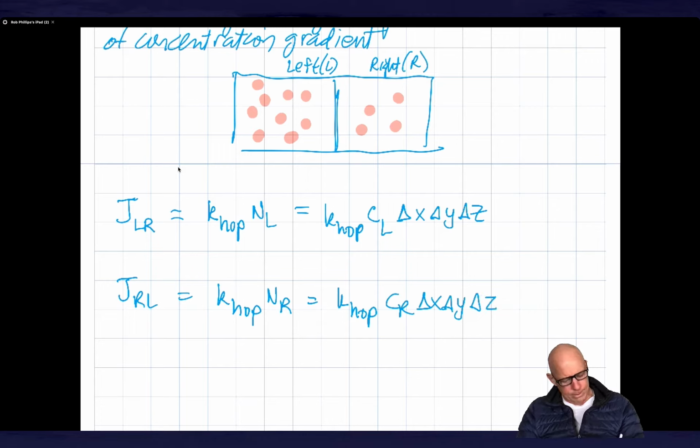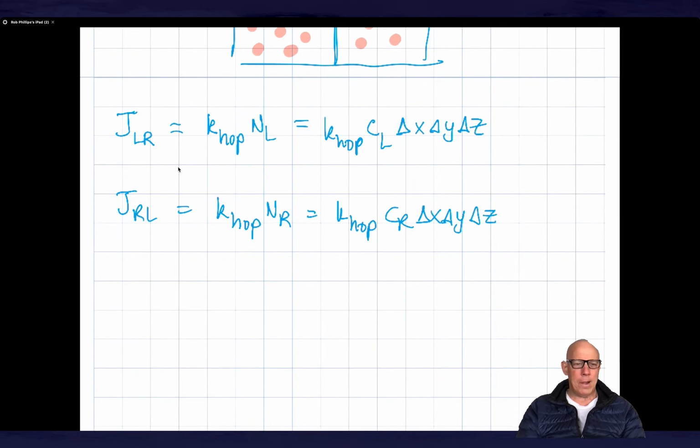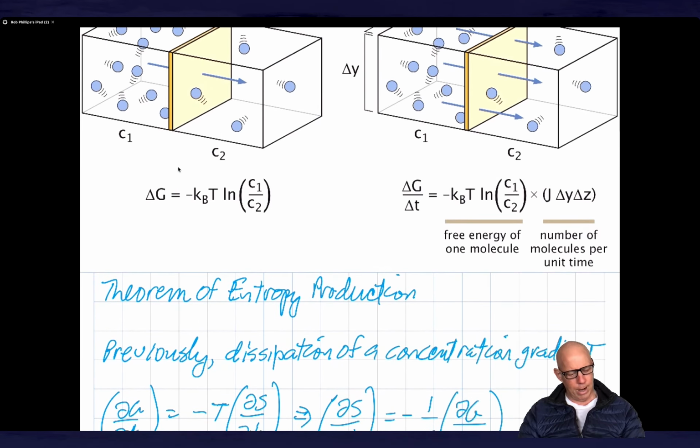All right, so that's good. Now recall that we said that the delta G for one molecule, as you saw in this diagram, is equal to this quantity if I'm going from C1 to C2.